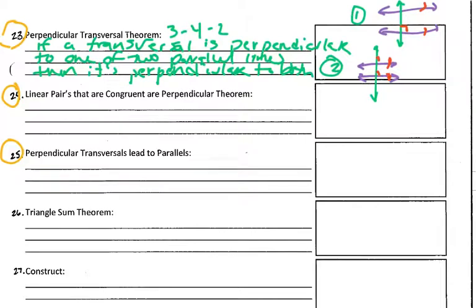Alright, so in the next one, which we're calling 24, we've got a new name for this. The linear pairs that are congruent are perpendicular theorem. This one technically came to us as 3-4-1, but hopefully given this name, you can kind of see that we're talking about linear pairs, so a line that intersects another line, and the two angles.